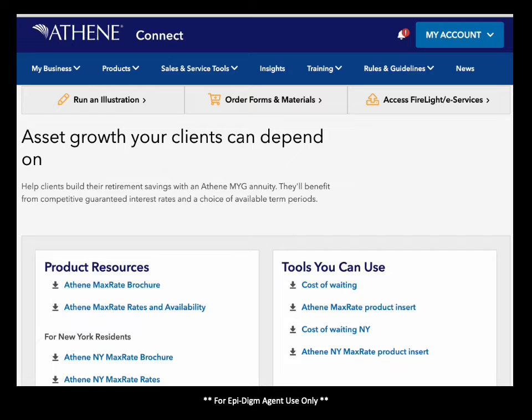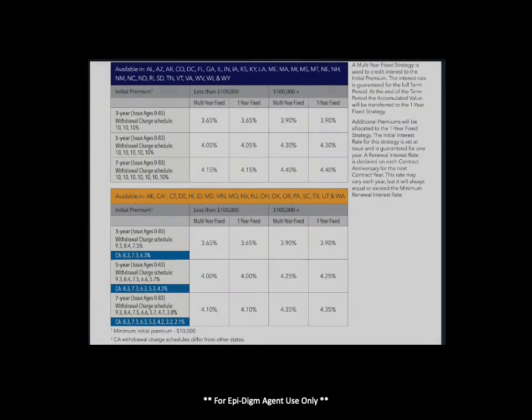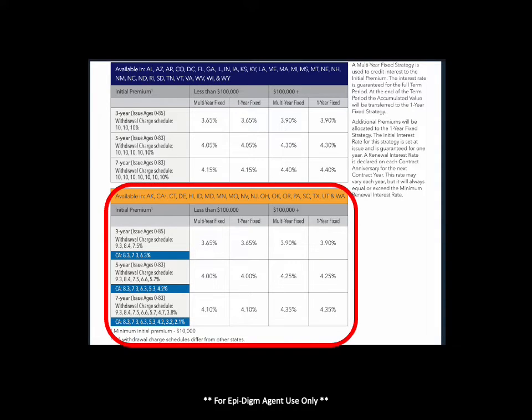If you want to see the interest rate, click on Athene Max Rate, rates and availability, and you'll see the interest rate, and it is different by state. So most likely we'll be looking at California. California's 3-year base rate is 3.65. 100,000 or more is 3.9.